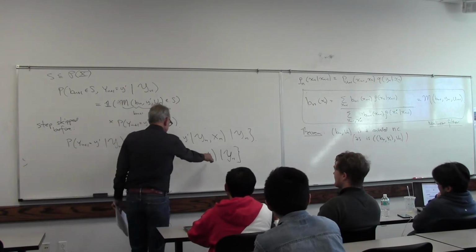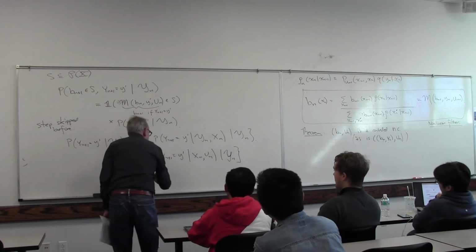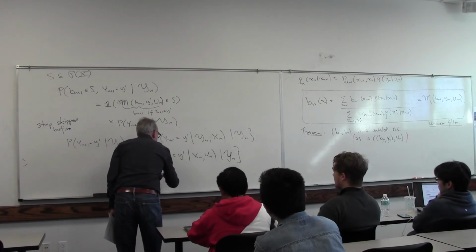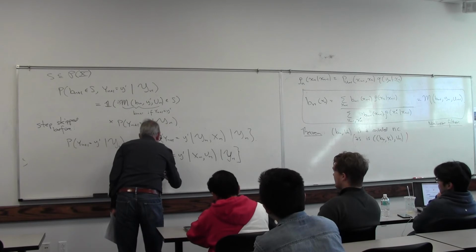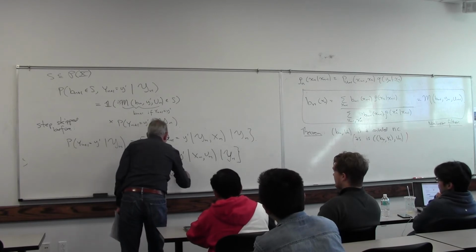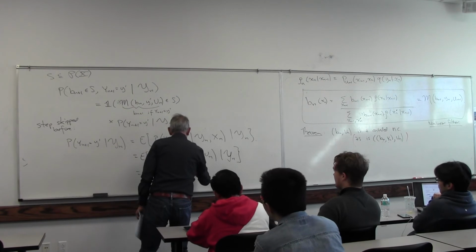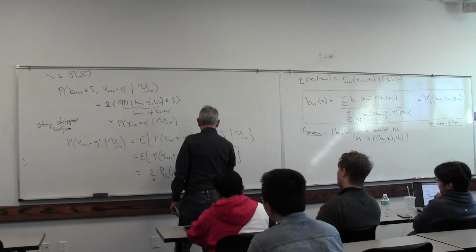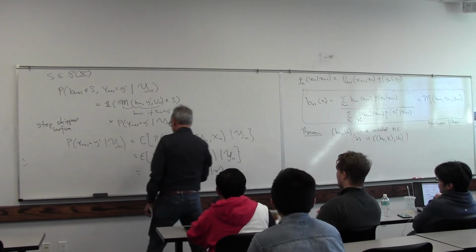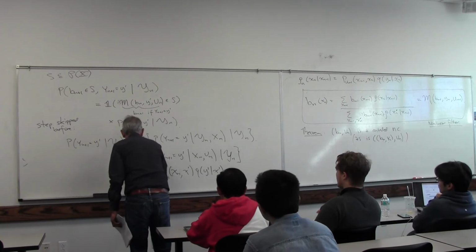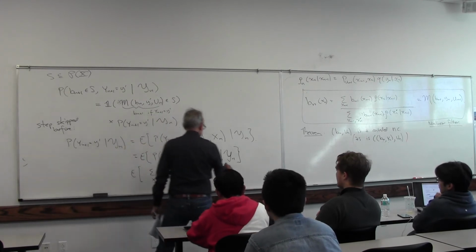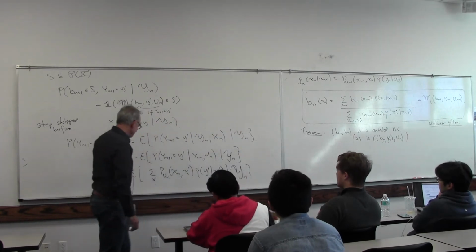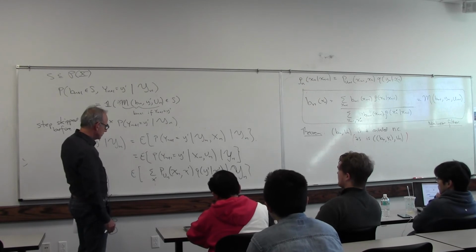And this inside, let's stick inside first, is a summation over x prime of the probability, under Un, of going from Xn to x prime, and then our Q of y prime given x prime. And I still have to take a conditional expectation. Right?